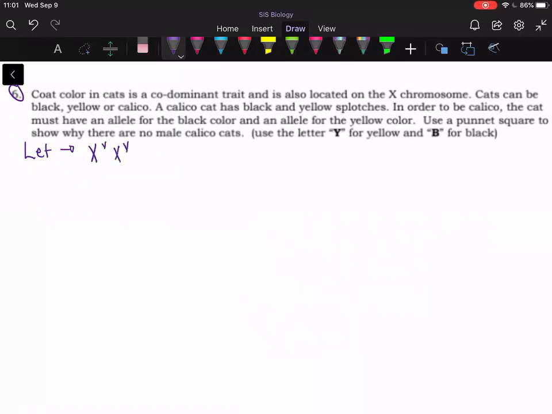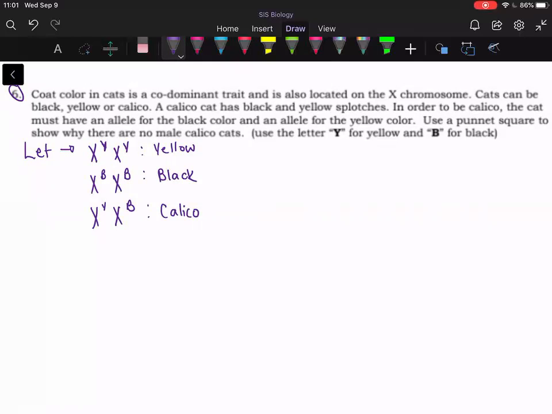We have homozygous for both Y. We have homozygous for both B. And then we have one of both, one of each. So what are these? Well, YY is yellow, BB is black, and YB is calico.